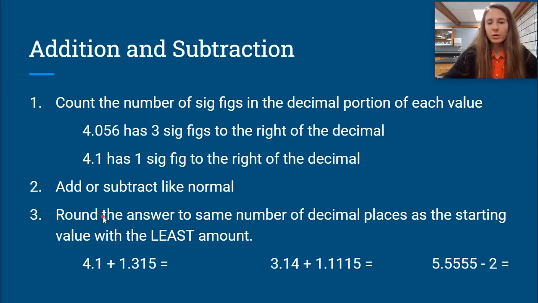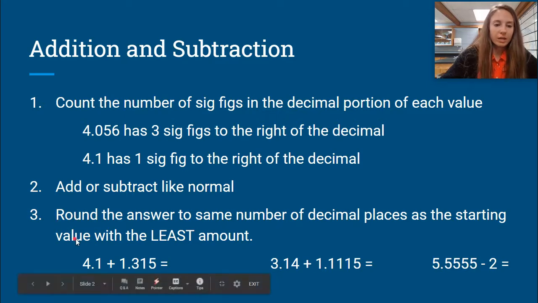And then the last step is where the sig figs are going to then be applied. So once you get your answer, you are going to round your answer to the same number of decimal places as the starting value with the least amount.